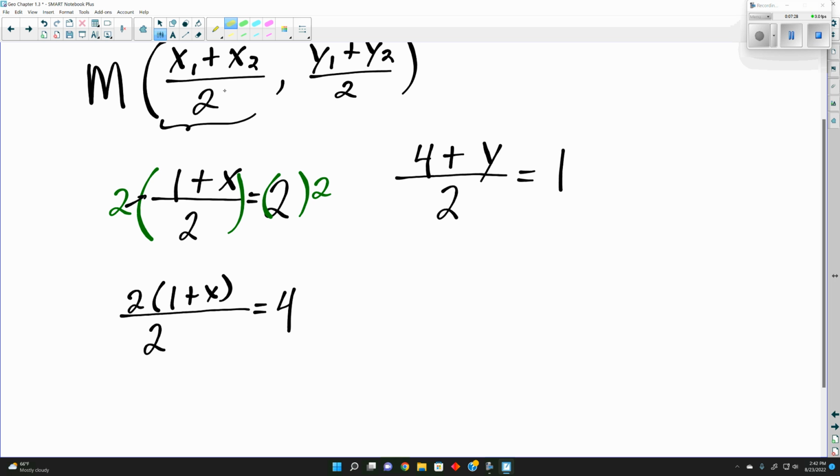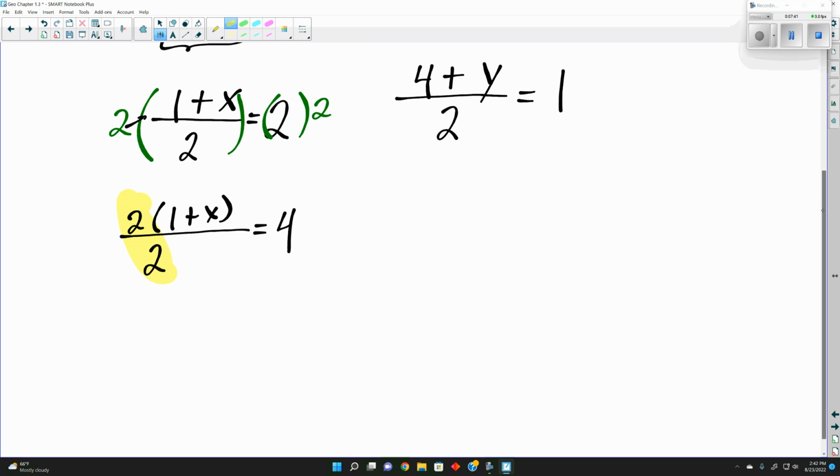So far we just multiplied both sides by 2, yes? On this side here, we have 2 divided by 2, yes? Anything divided by itself is? Yes. So these here will cancel, leaving us with 1 plus x is equal to 4.